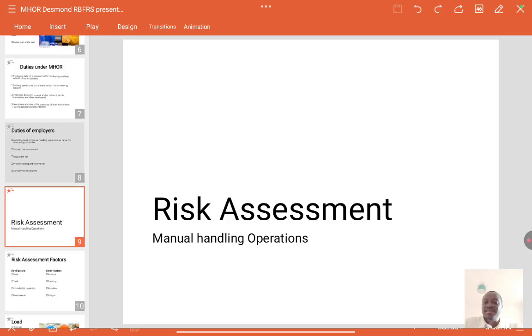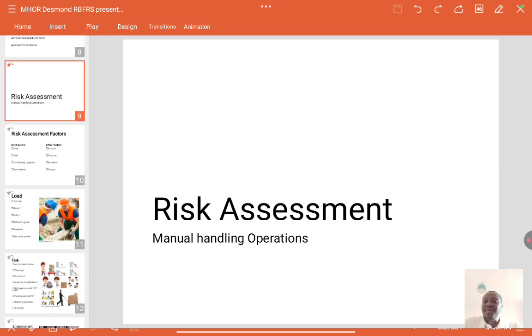Now let's look at details of the next part, which is the risk assessment procedure. Okay, so this is very important. We know that when a risk assessment is supposed to be undertaken, it needs the workers to be involved. It needs resources, that is human resources, to be allocated to it, because it involves a lot of people and a lot of time.